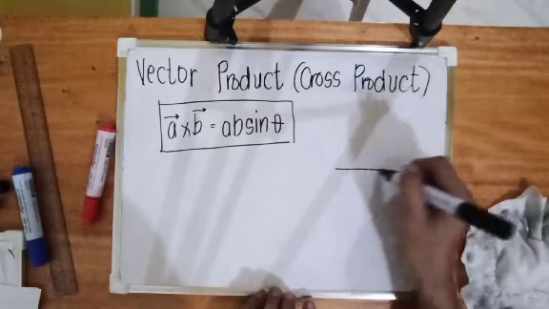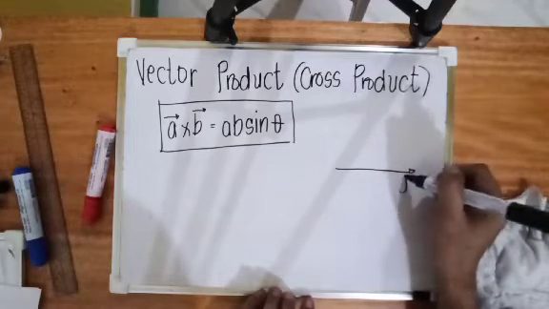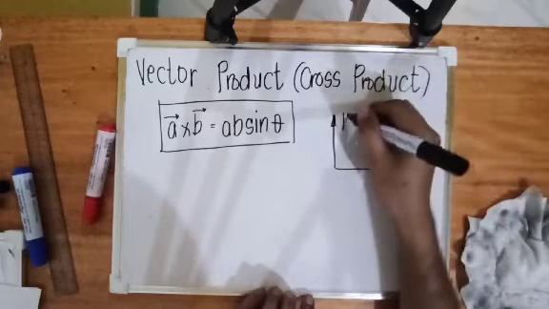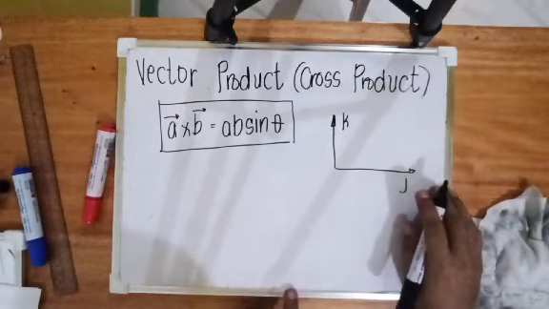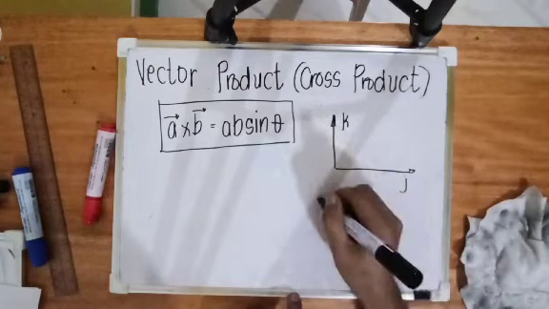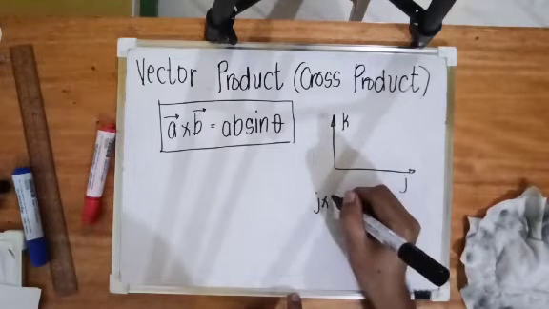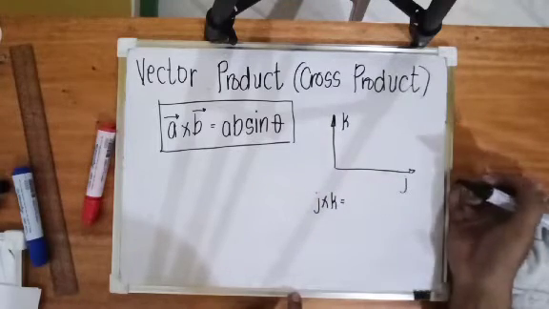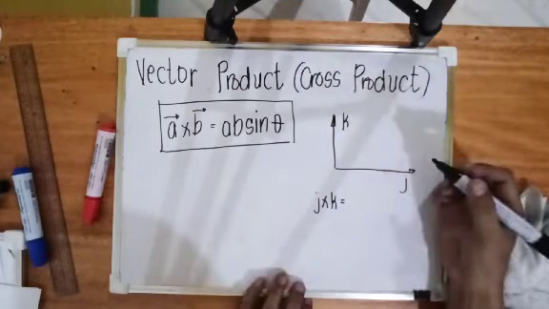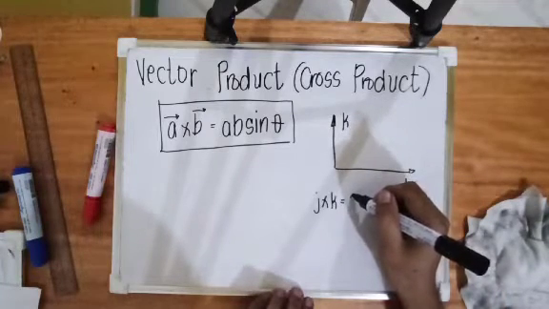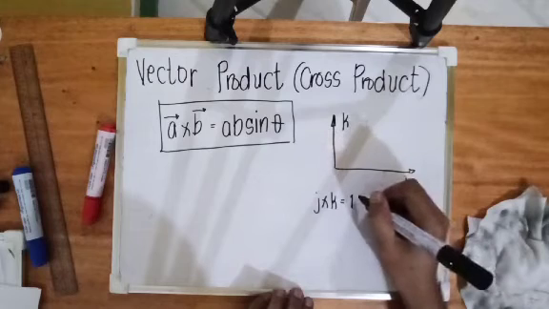Let's say we have a unit vector J and a unit vector K. If we find the vector product of these two unit vectors, J times K, every unit vector has a magnitude of 1 without unit, right? So the magnitude of J and K is 1.